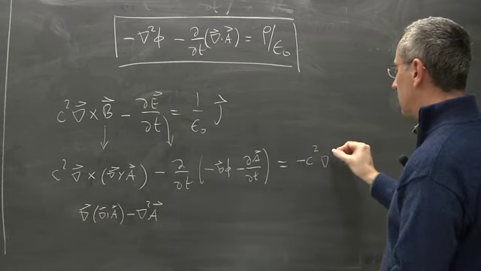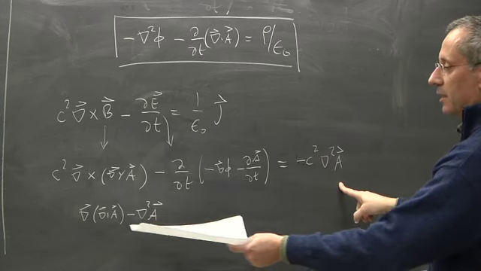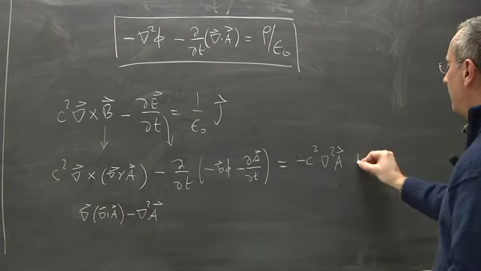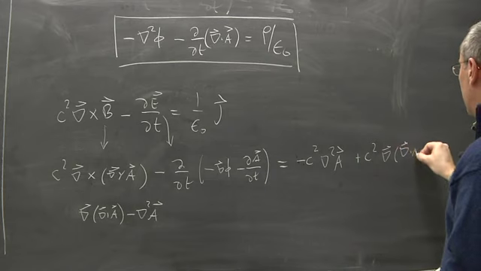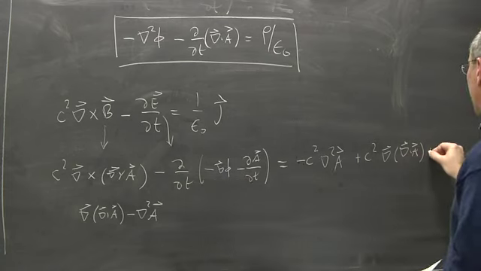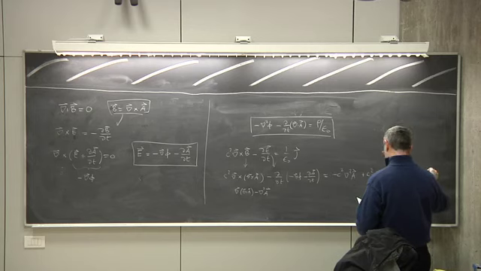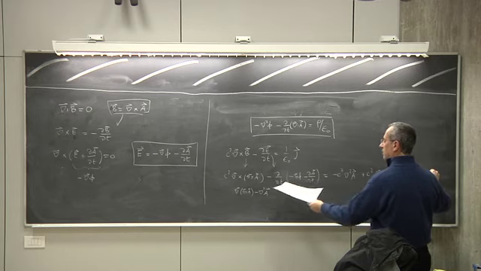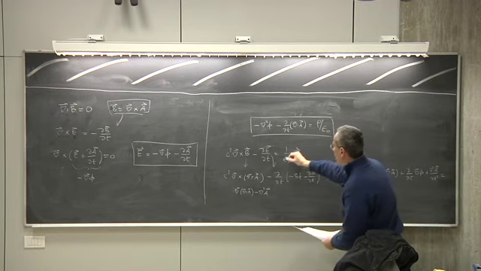Let's write the Laplacian that I like here, right? This is minus. Then plus this term here. So plus c squared, the gradient of the divergence of A, plus, you see, minus minus becomes a plus, so plus d/dt of the gradient of phi, plus, now here you have the derivative twice, so plus the second derivative of the vector potential with respect to time, and all this is equal to this j.